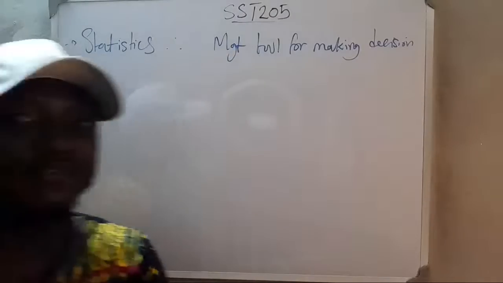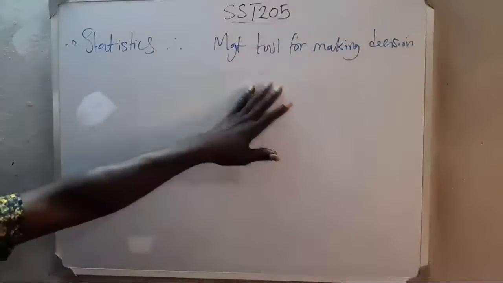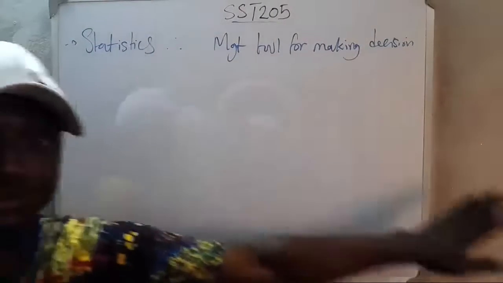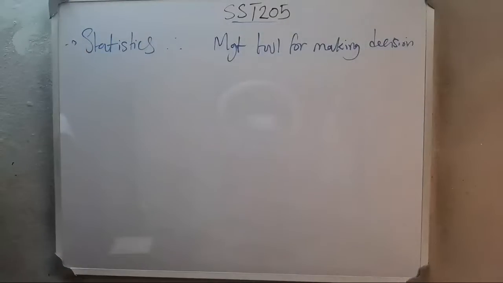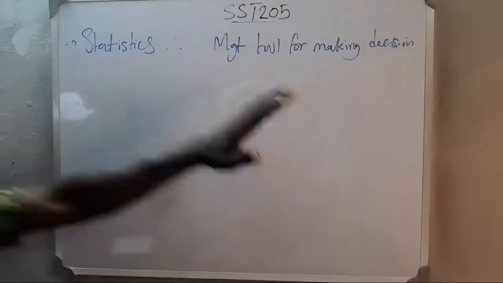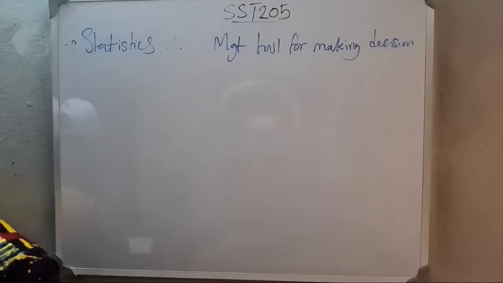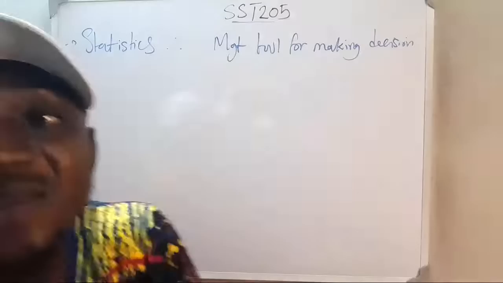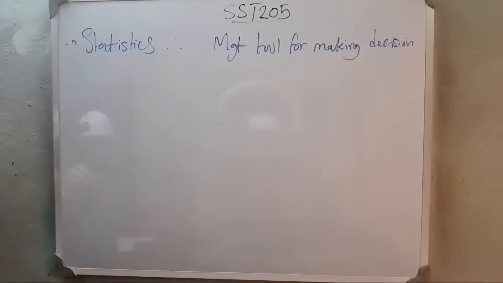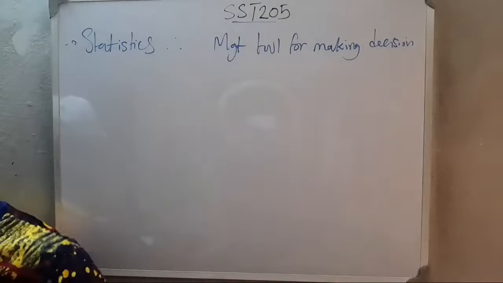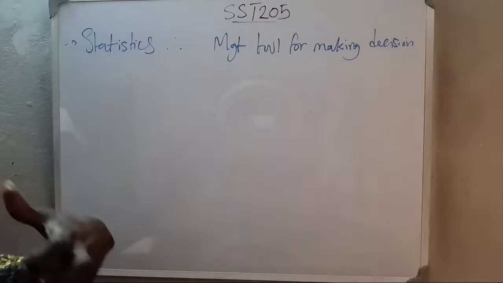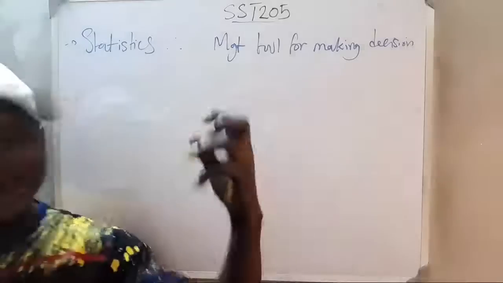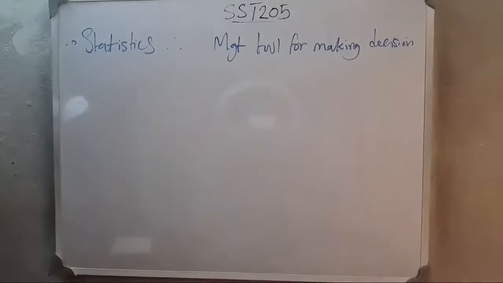Now, let's underline the fact that it is said to be a management tool, and it's basically for making decision. Now, the scientific approach to this term, we are simply talking about the presentation of numerical information. When numerics are presented in the form of information, facts about numerics and numerical presentation of information.